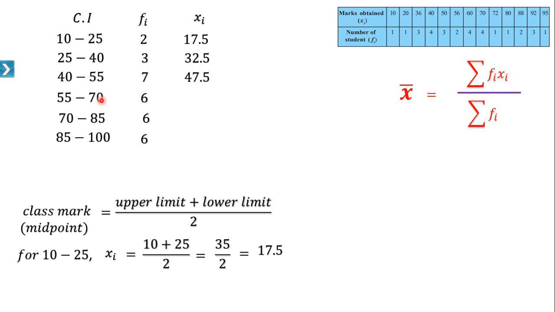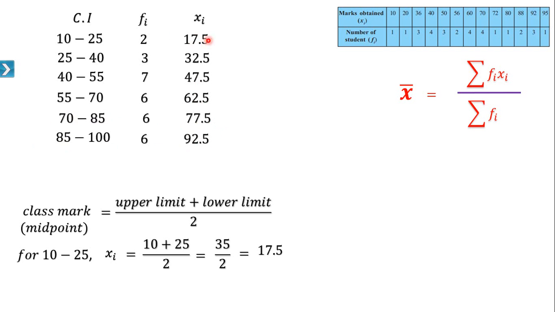Now, 55 to 70, xi is 55 plus 70, that is 125, 125 by 2 is 62.5. Now, 70 to 85, class mark is 70 plus 85 by 2, that is 77.5. 85 to 100, class mark is 85 plus 100 by 2, that is 92.5.